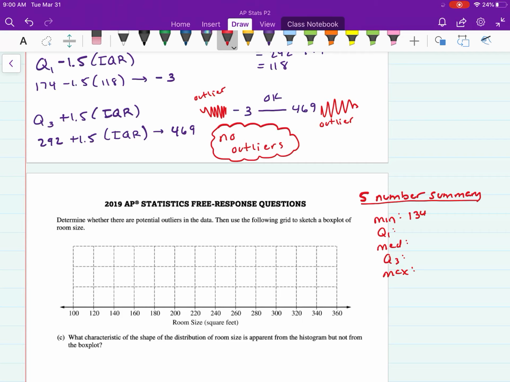I'm just going to copy them down. The minimum is 134. Quartile 1 is 174. The median is 253.5. Quartile 3 is 292. And the maximum is 315.